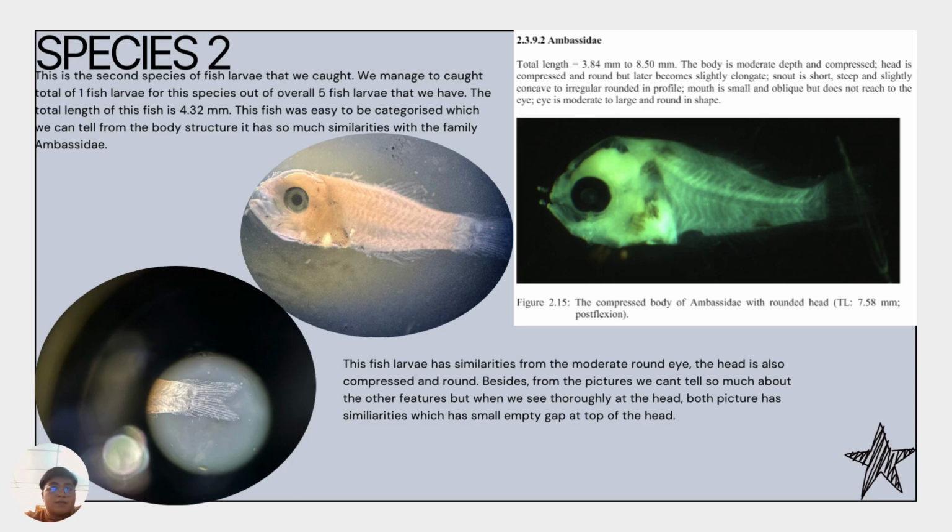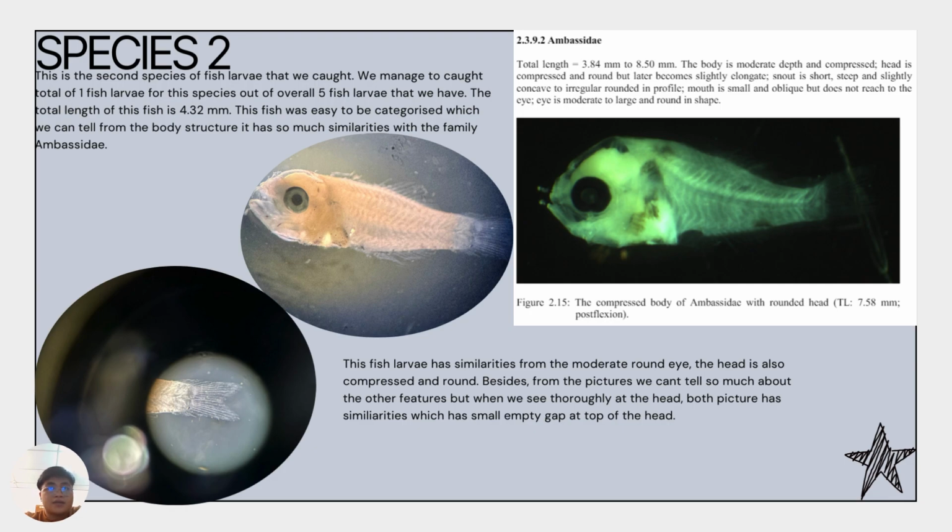And then this is the second species, which is in the family Ambassidae, and this fish was easier to categorize among the five individual fish larvae that we caught because of the empty gap on the head of the fish, the round eyes, and a small mouth which does not extend past the fish's eyes.